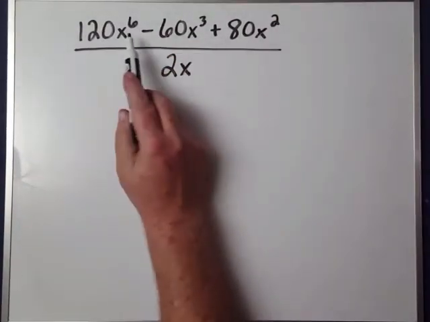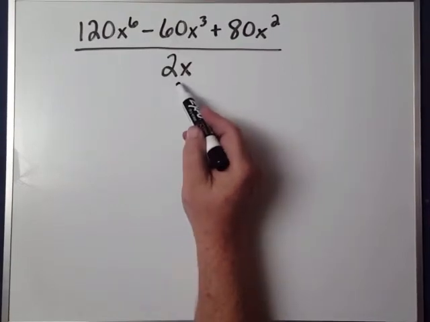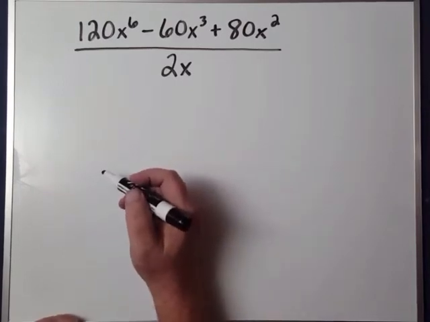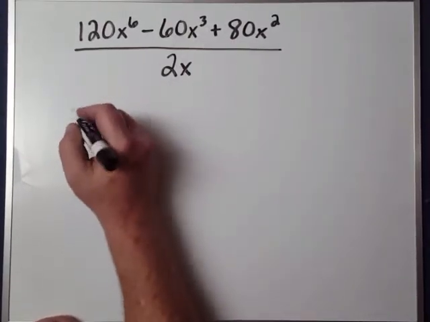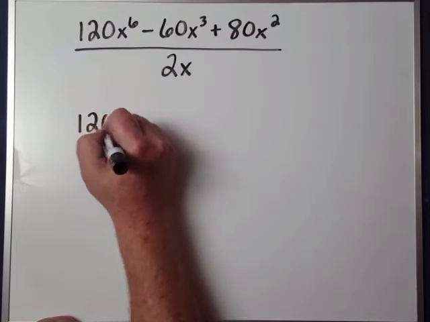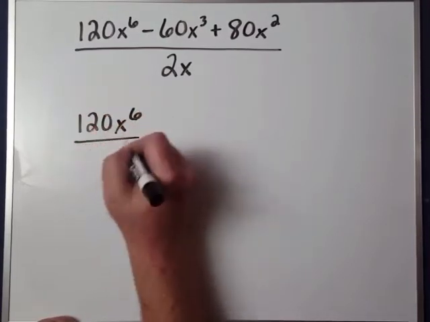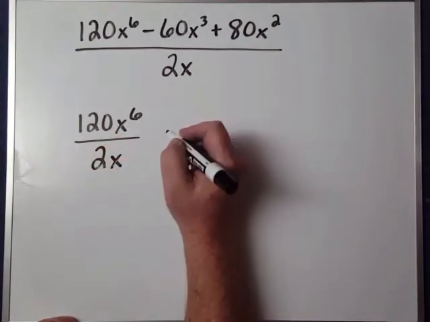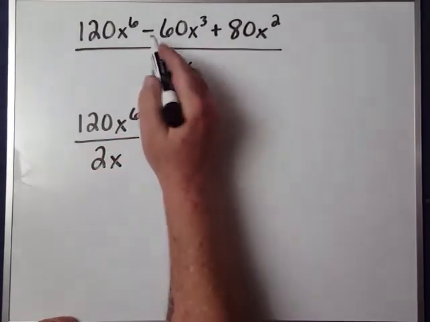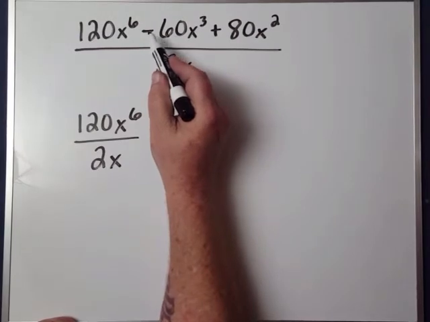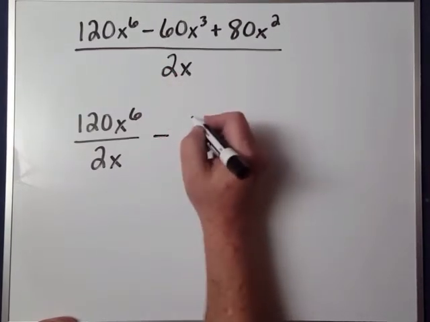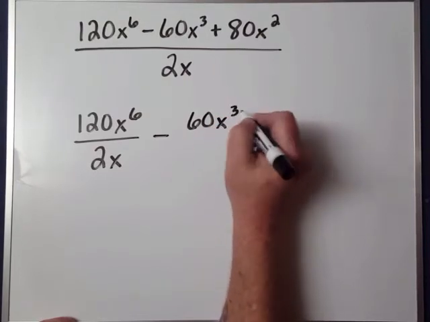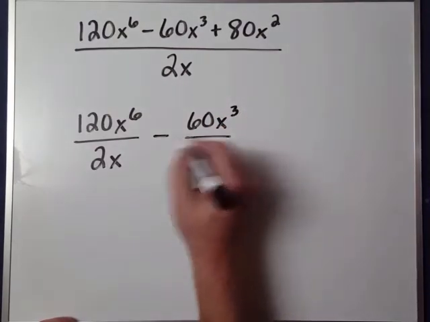We have a trinomial of degree 6 divided by a monomial of degree 1. And according to the rule, we can perform this division by dividing every term of that trinomial by this monomial. Now, right here, let's look at this. Right here, I could write minus, and then my term 60x cubed over 2x. There's nothing wrong with that.